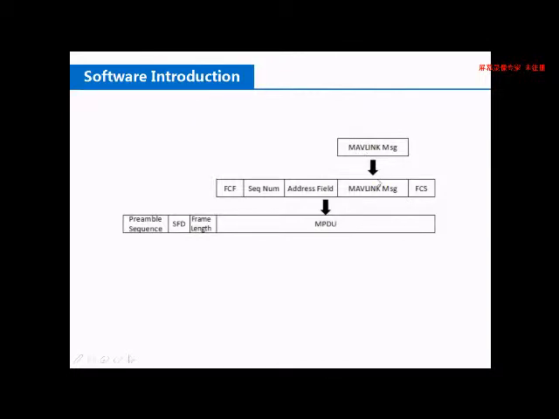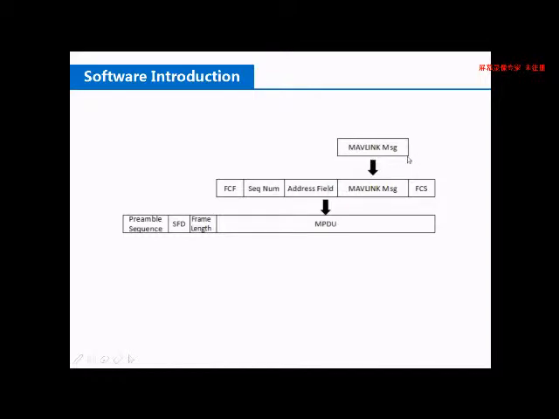And this picture describes the process of the message passage. First, in our flight control system, we will create a Mavlink message, which will include several pieces of information, such as the sensor data and also the attitude of the drones.